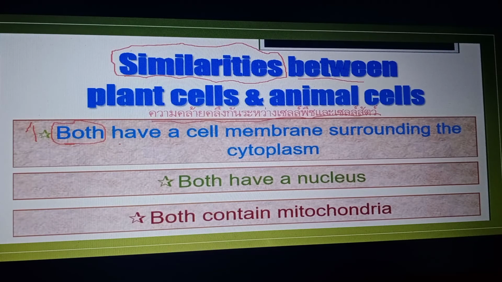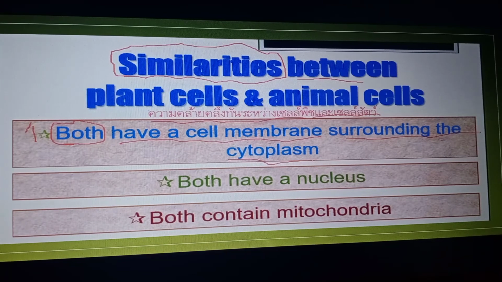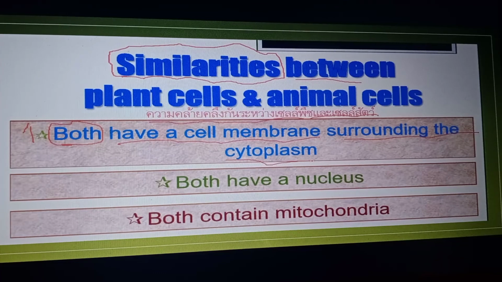Now, both have a cell membrane surrounding the cytoplasm. As I discussed earlier, both plant cells and animal cells have their own cell membrane that surrounds or encloses the cytoplasm.